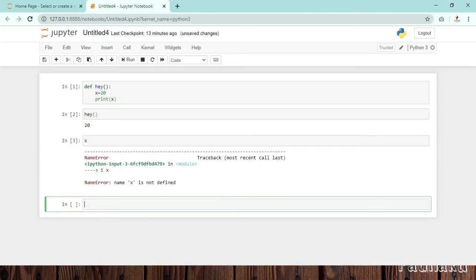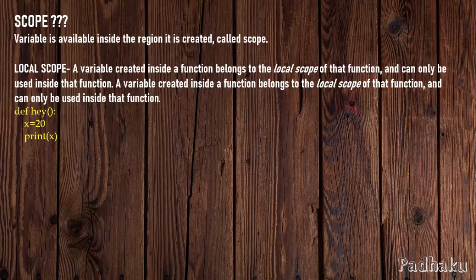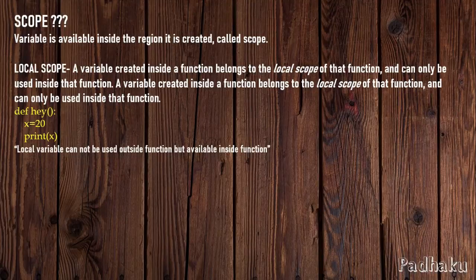Why? Because the scope of x is inside the function hey. We cannot access x from outside. This is called local scope. So a local variable cannot be used outside the function but is available inside the function, as I showed you in the previous example.